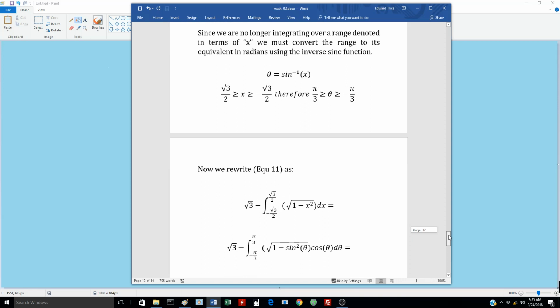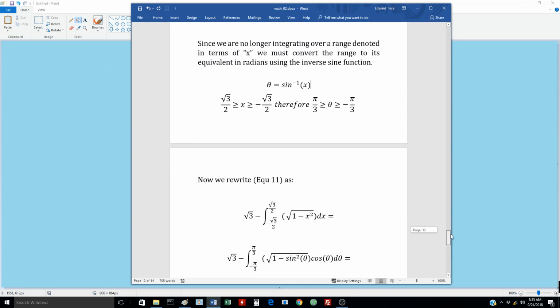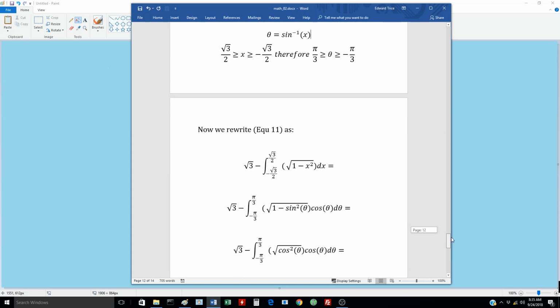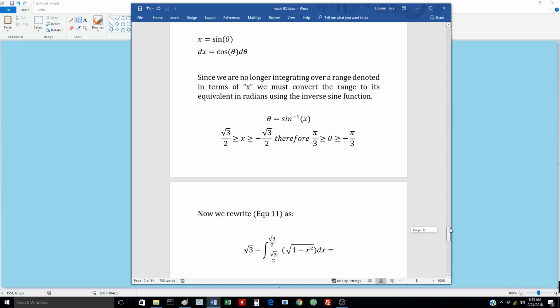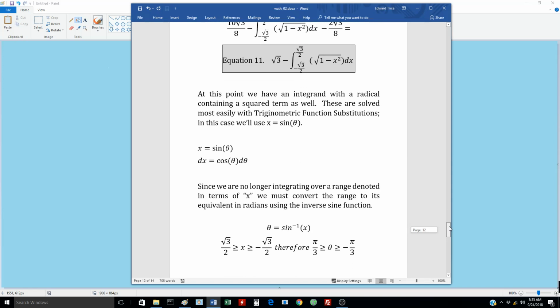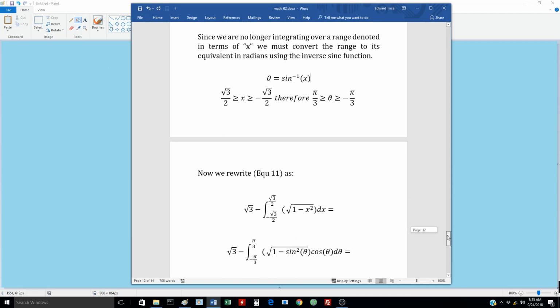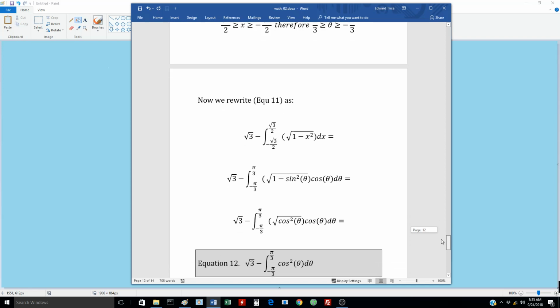So our integration range is going to change from minus square root of 3 over 2 to square root of 3 over 2 to minus pi over 3 to pi over 3. And we're going to replace the square root of 1 minus x squared dx with the square root of 1 minus sine squared theta. Don't forget to multiply the cosine theta d theta on the ends.